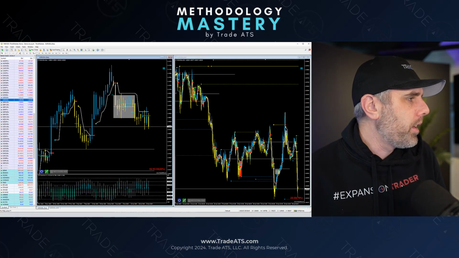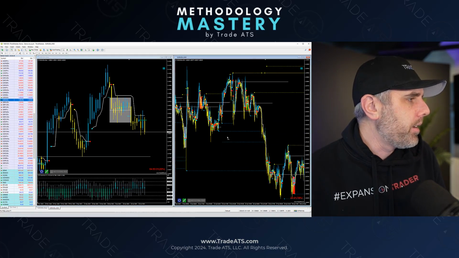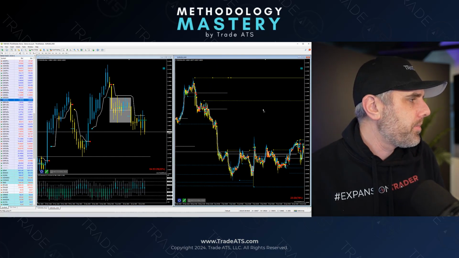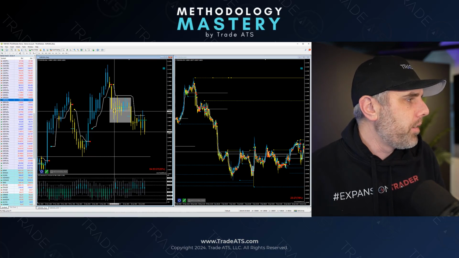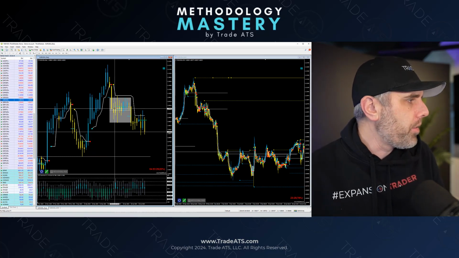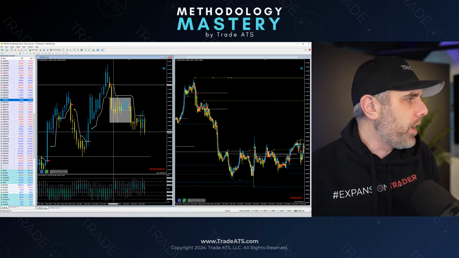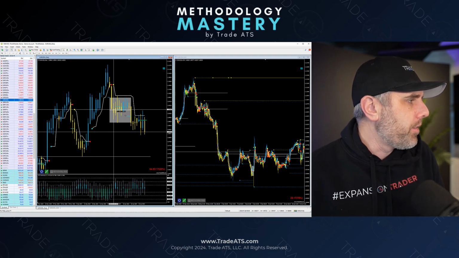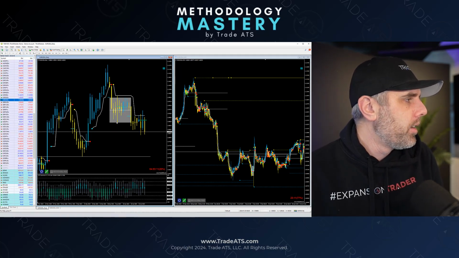So if we look at this, we'll just look at it from the daily here and the 30-minute. The higher time frame flow of money was confirmed here on the 30-minute chart when we broke out down and we confirmed with ATS trend. This is that first instance of inefficiency. And for the last 16, 17 days, we've been trading short.